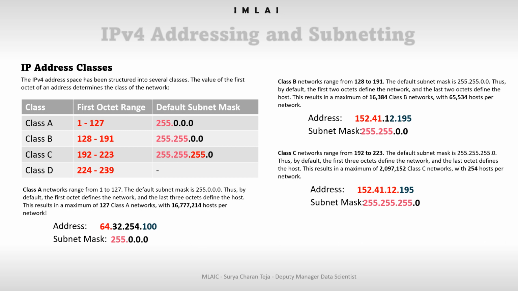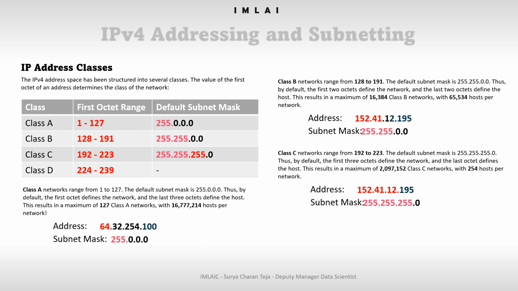It's obvious that it has more octets that define the network, so it has a huge number of networks, whereas coming to hosts per network, it has only one octet to define the host.